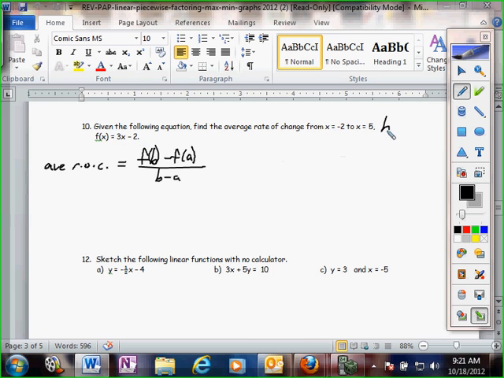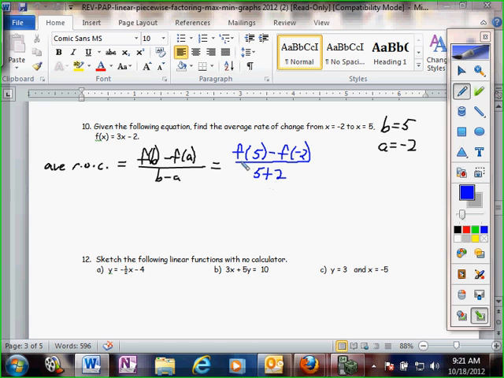So in this case, B would be 5, and A would be negative 2. So when I plug this in, I would have f of 5 minus f of negative 2 over 5 minus negative 2. Well, this becomes a plus.